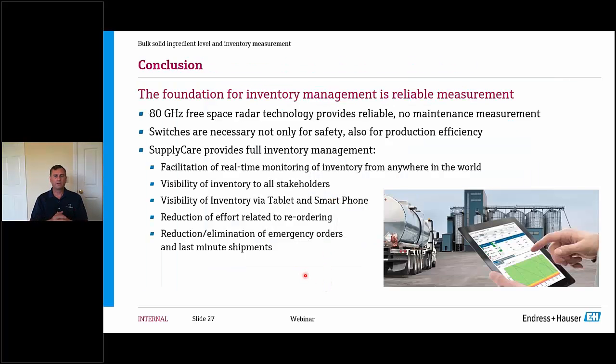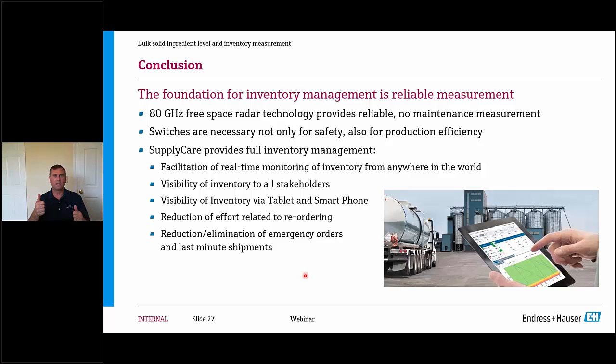So to sum it up, in conclusion here, the foundation for inventory management is the reliability of the actual measurement itself. And I hope I helped you get a picture of, let's say, what your options are.